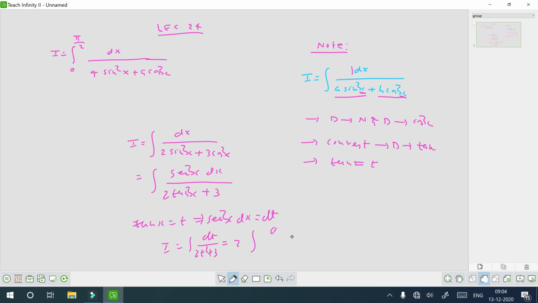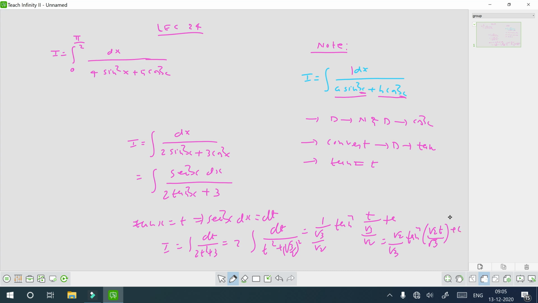2 taken common, dt over t square plus whole root 3 by 2 whole square. That is 1 by root 2 by root 3 tan inverse t by root 3 over root 2 plus c. That is equal to root 2 by root 3 tan inverse root 2 t by root 3 plus c.